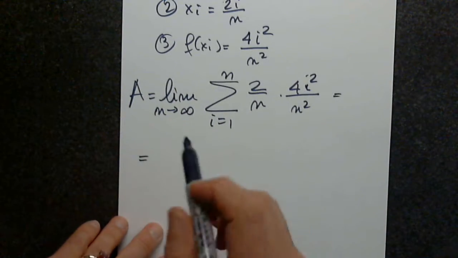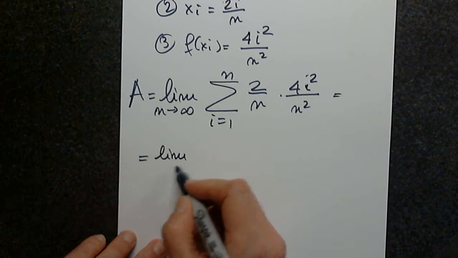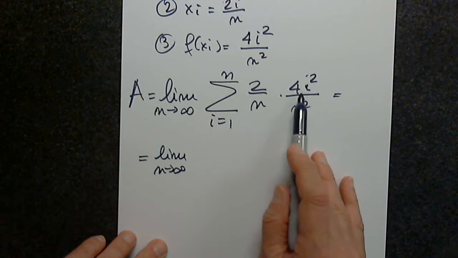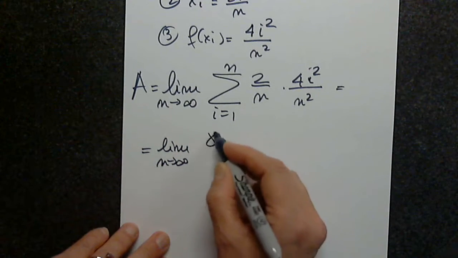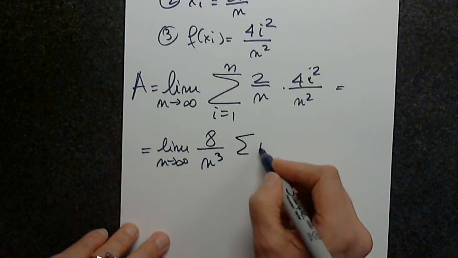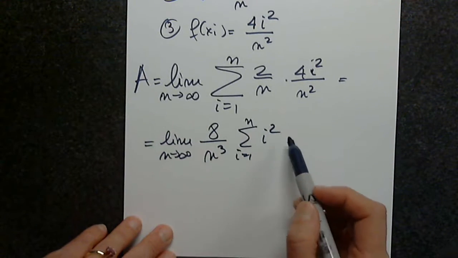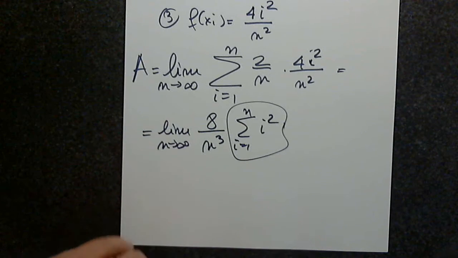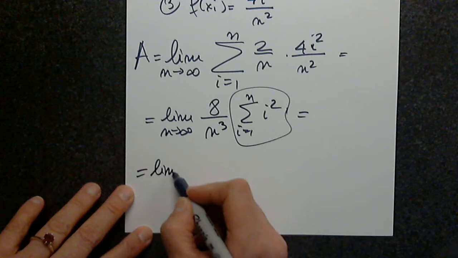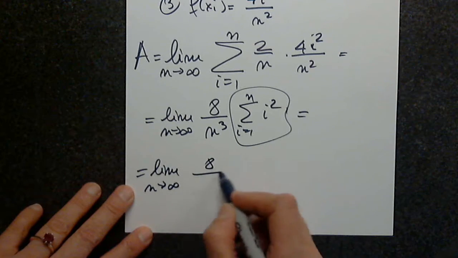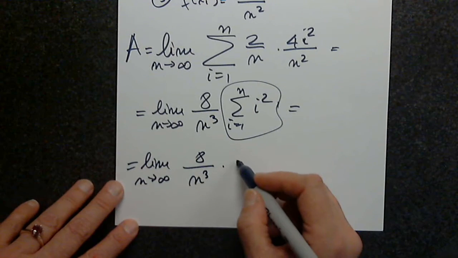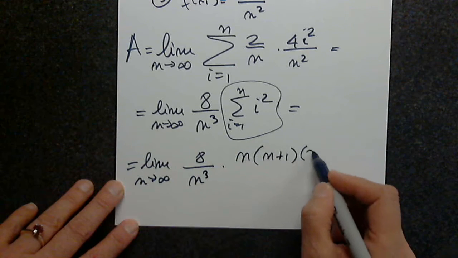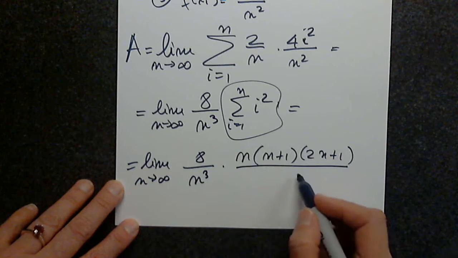What goes outside in front of the summation notation? 2 times 4, which is 8, divided by n cubed. The sum of i squared we know, because we have a formula for that. So this is the limit as n approaches infinity of 8 over n cubed times the ugly one, n times n plus 1 times 2n plus 1, divided by 6.